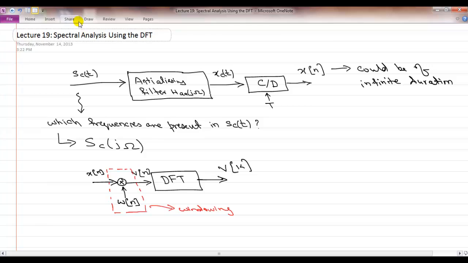The simplest form of windowing is that you collect your samples for a certain duration and then stop collecting them.